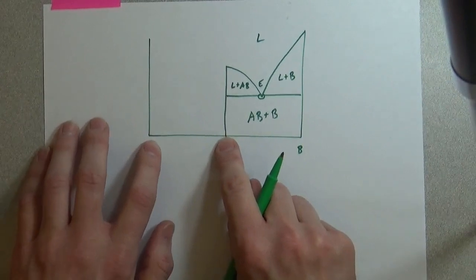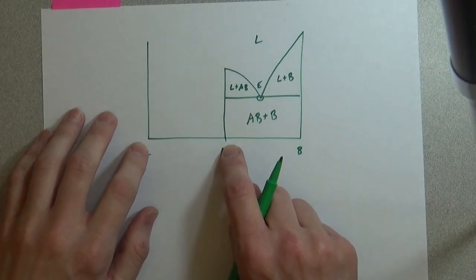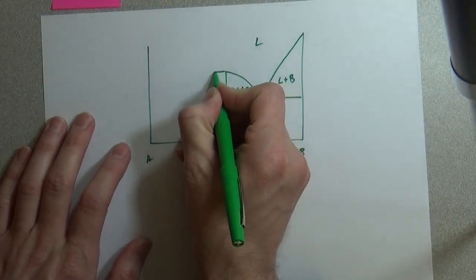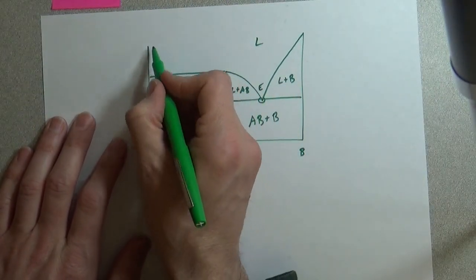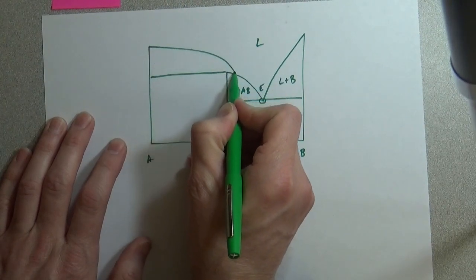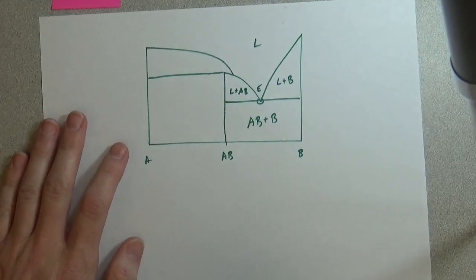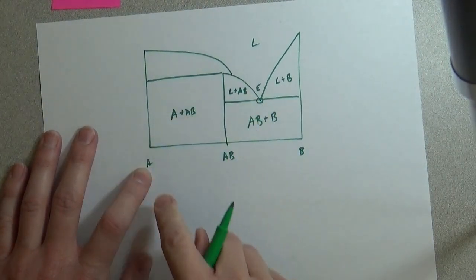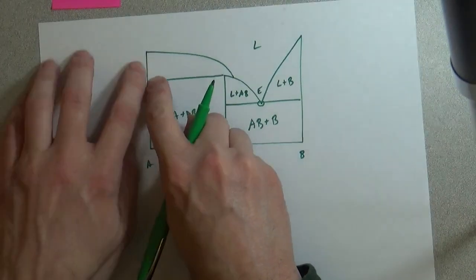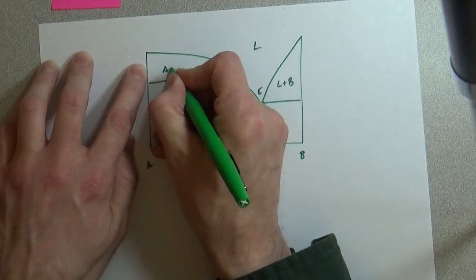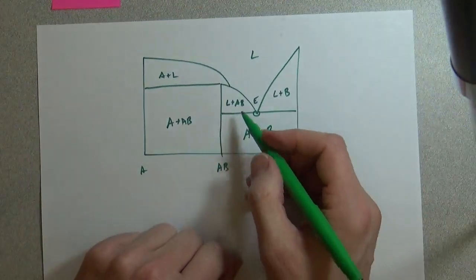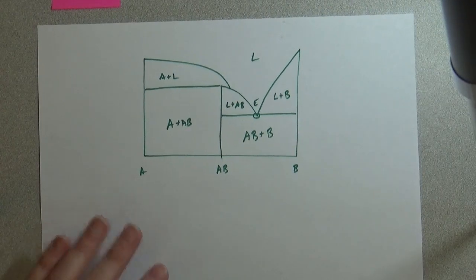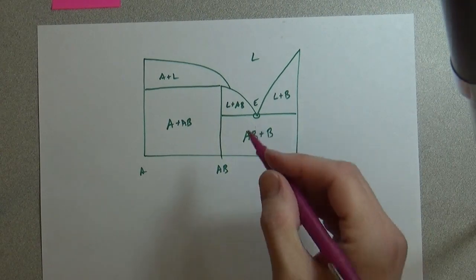So now, on this side, we could do something different. What we're going to do is draw this straight over, and this like that. So now we have A and AB, so we have A plus AB. We have A and liquid, so A plus L. And we have this interesting little place that has to overlap.